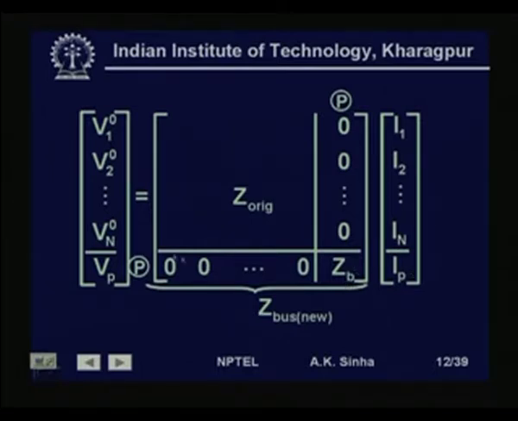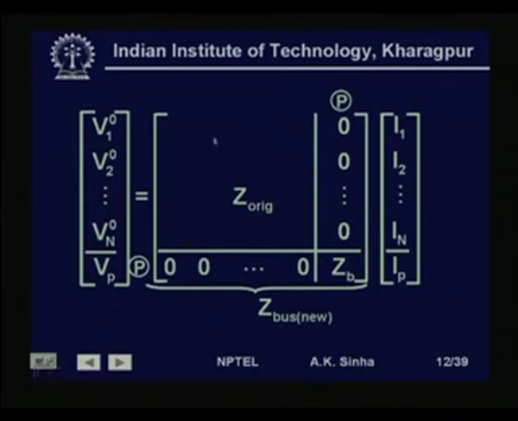So, the new modified matrix will be an n plus 1 into n plus 1 matrix, which will look like this, where we have Zb as the diagonal n plus 1, n plus 1 element. This modification is very simple.